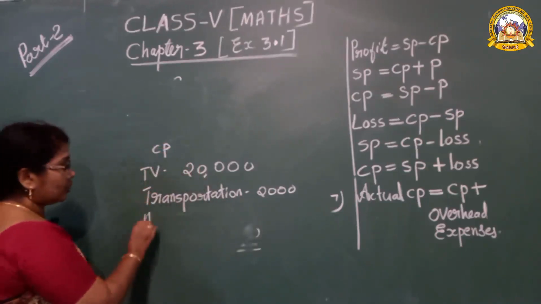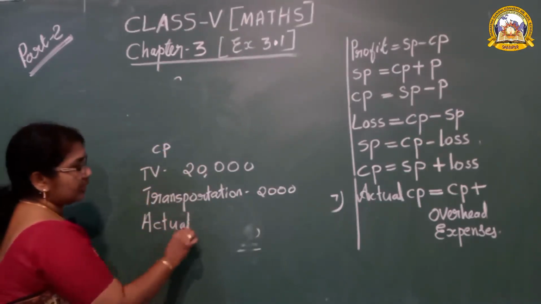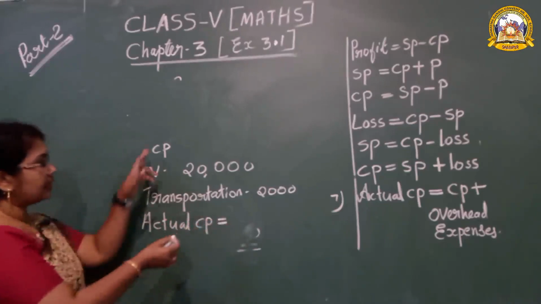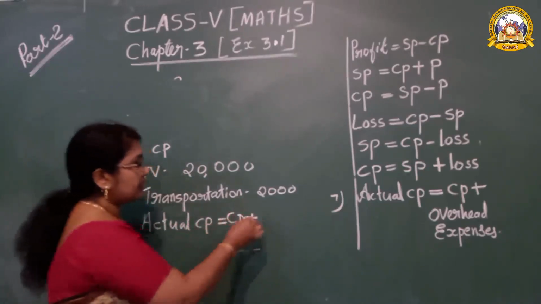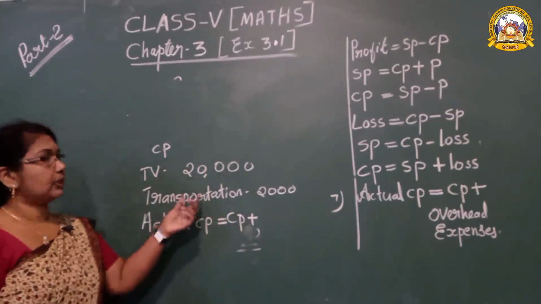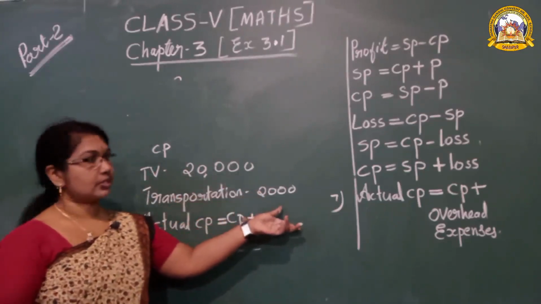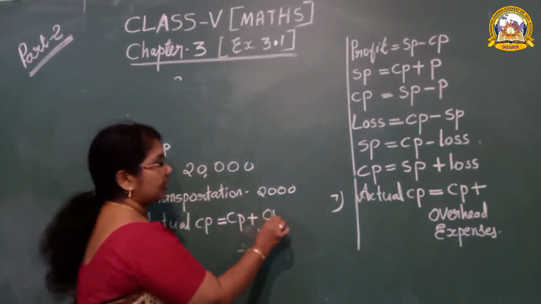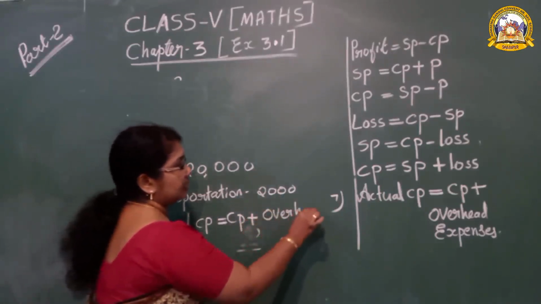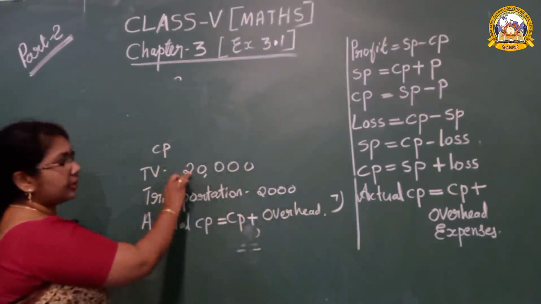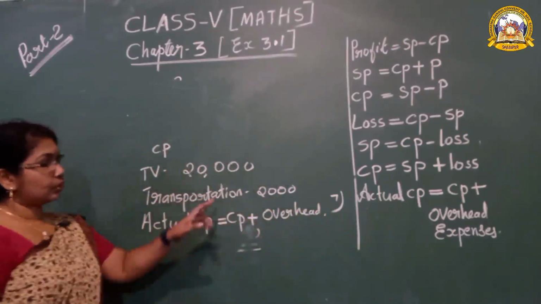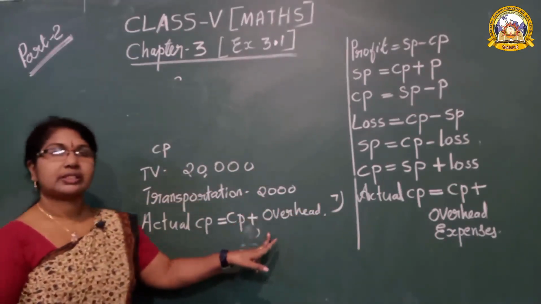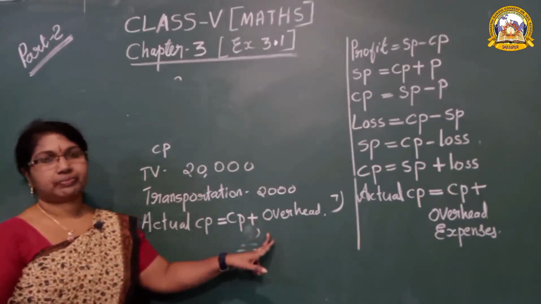So actual cost price, what is it, students? Actual cost price is CP plus this extra amount, which is called overhead expenses or overhead charges. So 20,000 plus 2,000, 22,000 is the actual CP.